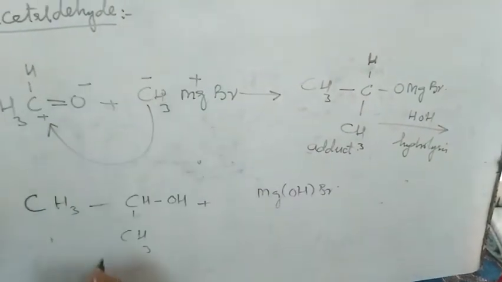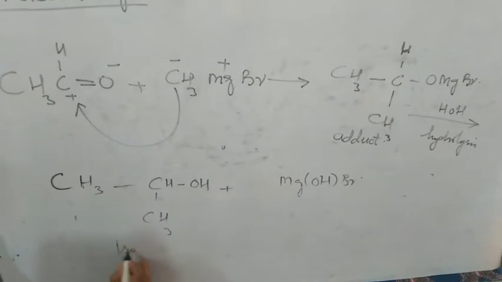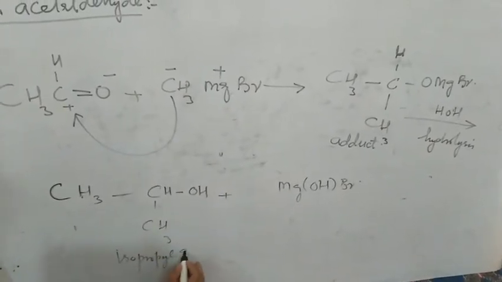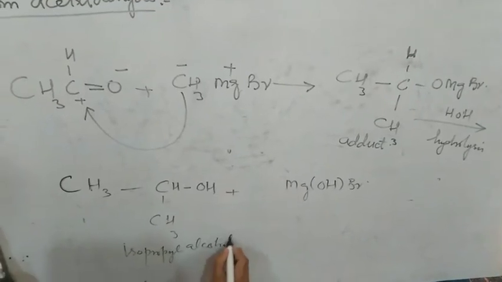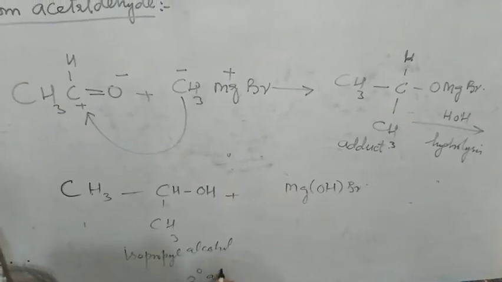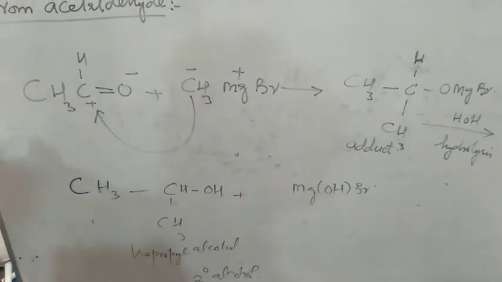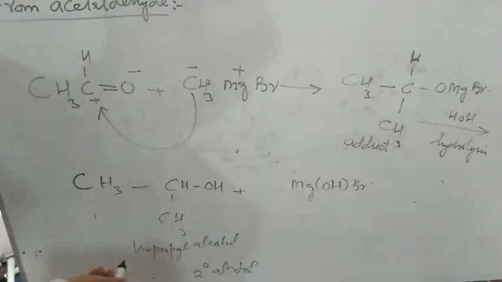Now this is isopropyl alcohol. So this is a secondary alcohol. From formaldehyde we have obtained the primary alcohol, and from acetaldehyde we have obtained the secondary alcohol.